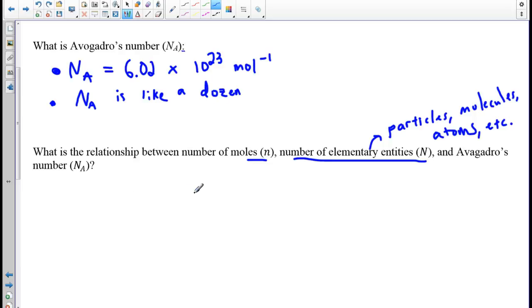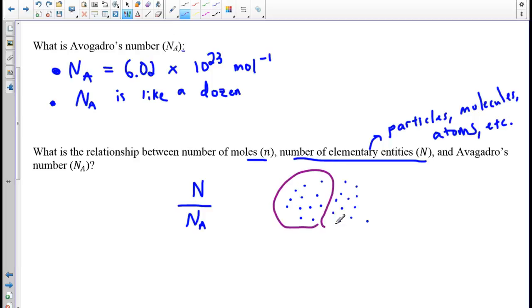Well, the answer is, if you take how many you have and you divide by Avogadro's number, then what you're doing is it's like taking 24 donuts. I've got 24 donuts, each dot is a donut, and I'm grouping it into dozens, into groups of 12.